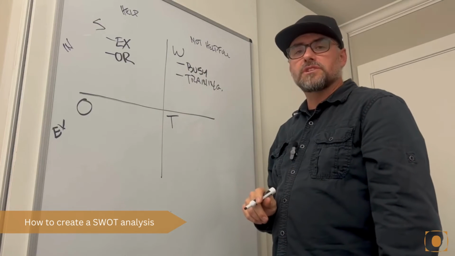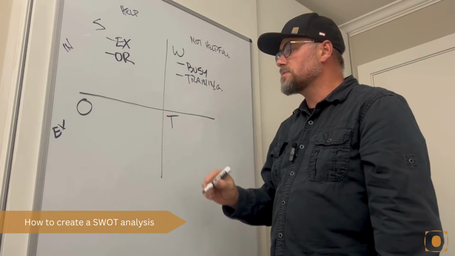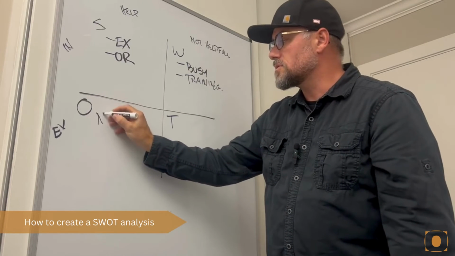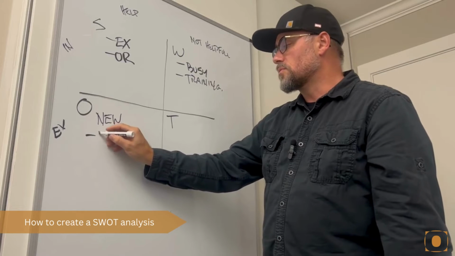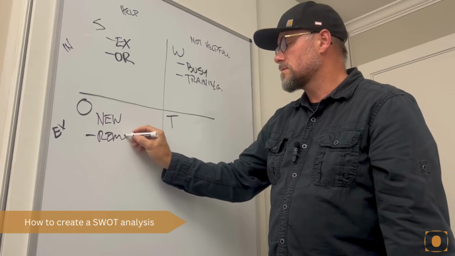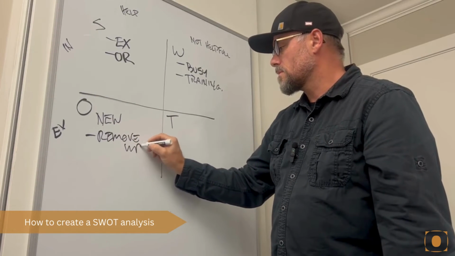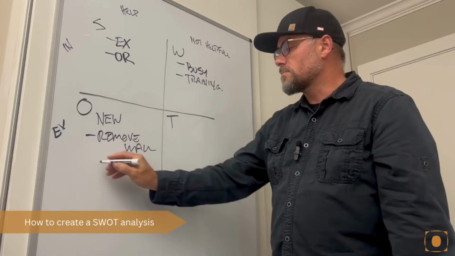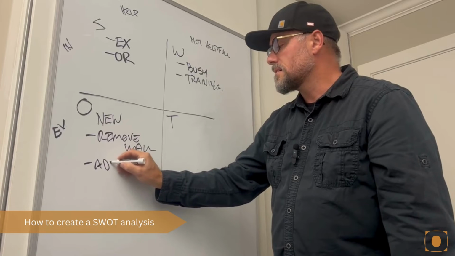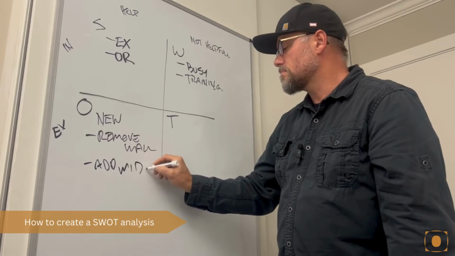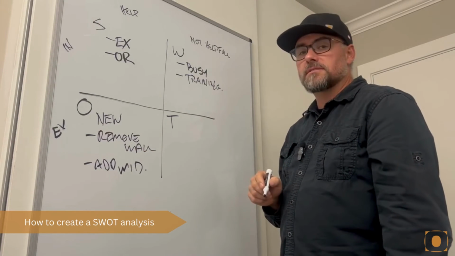What are your opportunities during this renovation? Well, your opportunities will be to do everything new or remove a wall, or maybe your opportunity might be to add a window. What are your threats?